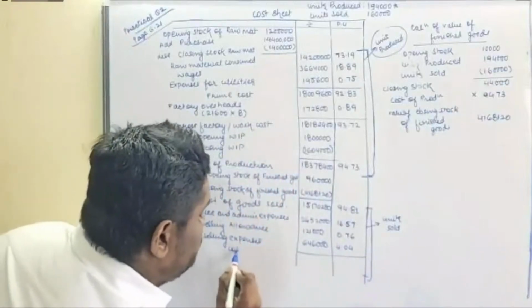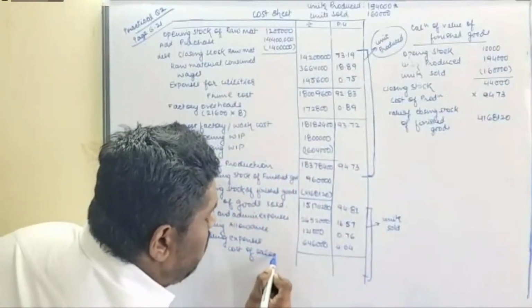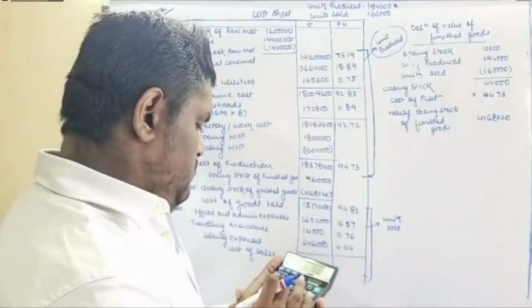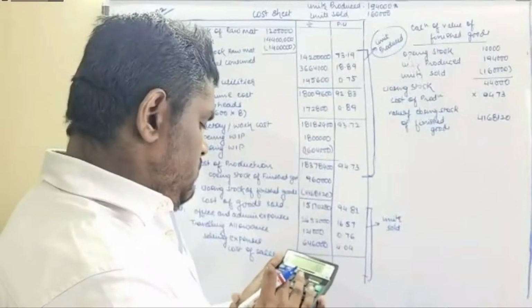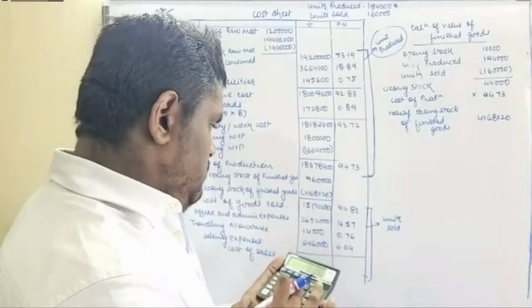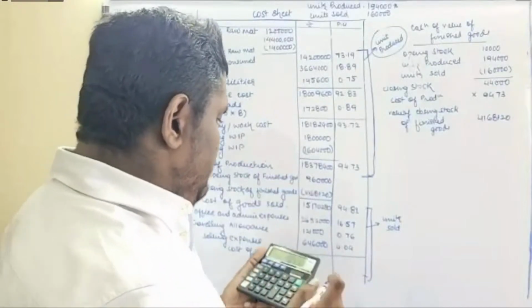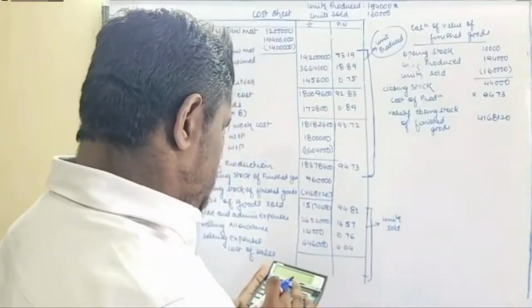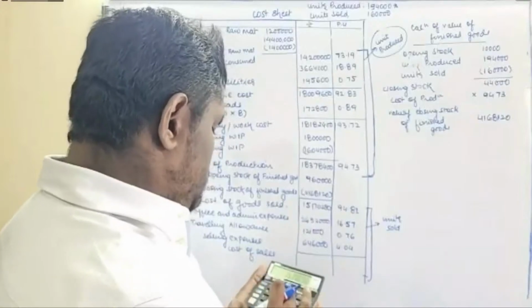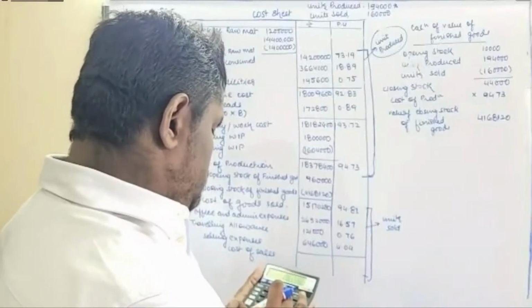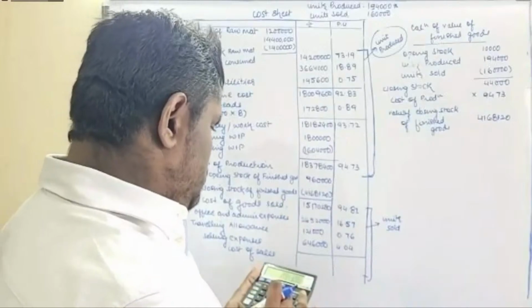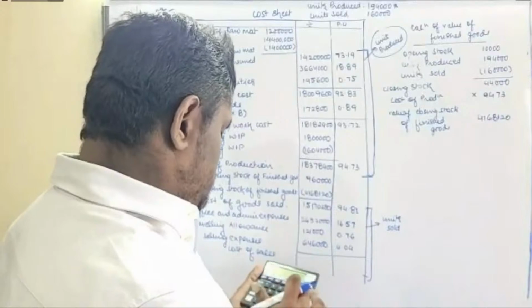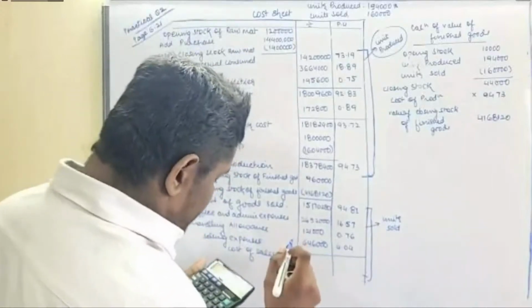So my cost of sales will be one crore 85 lakh 89,280.